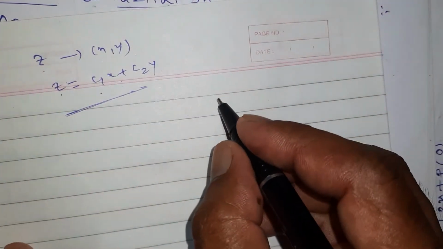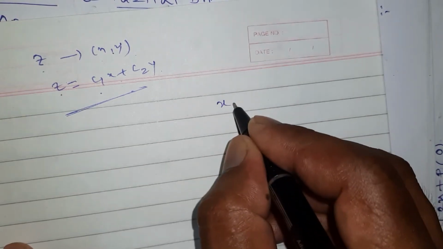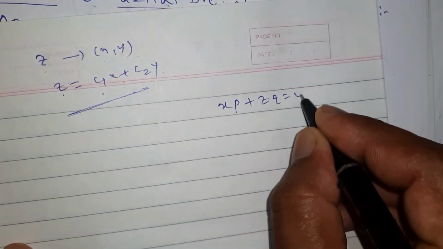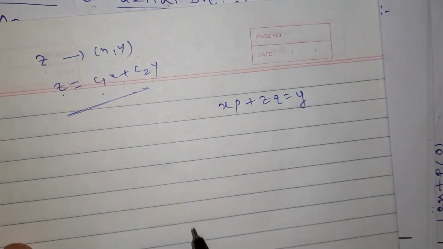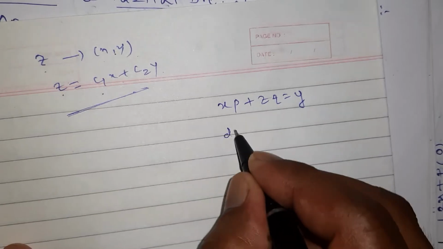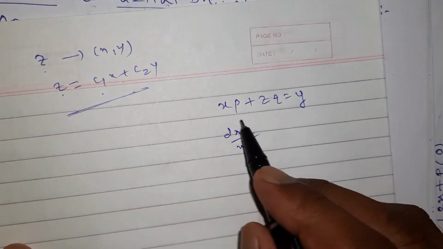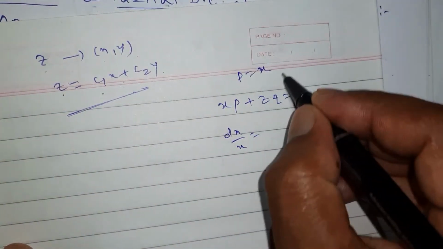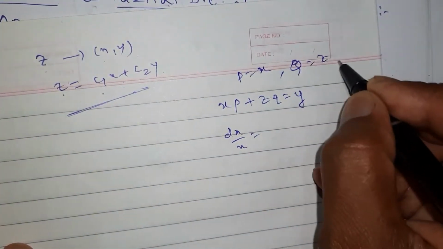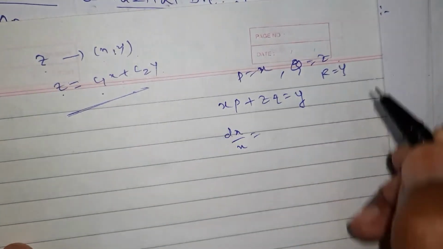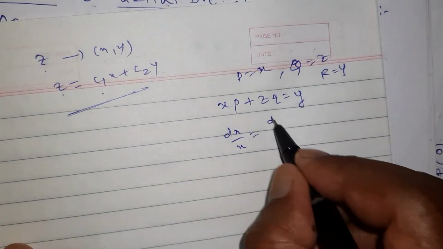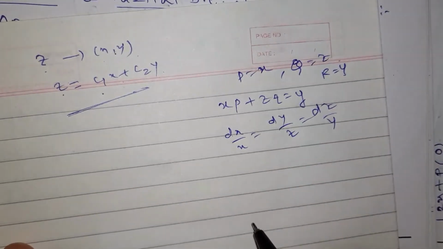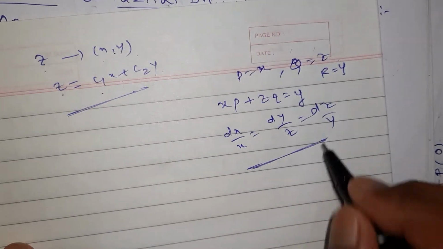If I write the equation x into p plus z into q is equal to y, then how do I write this? Capital P is my x, capital Q is my z, and capital R is my y. So I get dx upon x is equal to dy upon z is equal to dz upon y. Clearly, and we have to solve this equation.